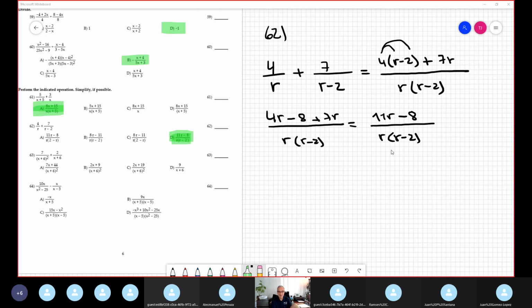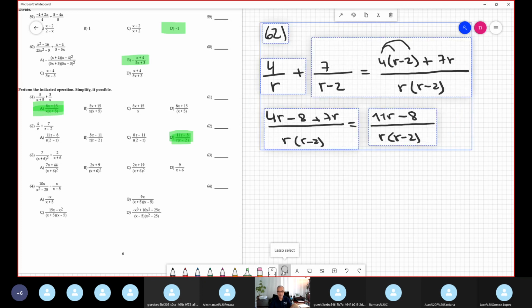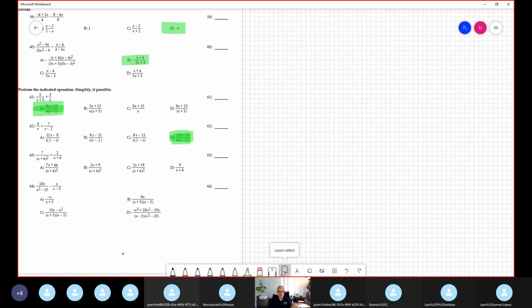Let's continue practice. 63 is, well, not similar. Have a new idea. Okay, 63 is 7 over parenthesis x plus 6 squared plus 2 over x plus 6.